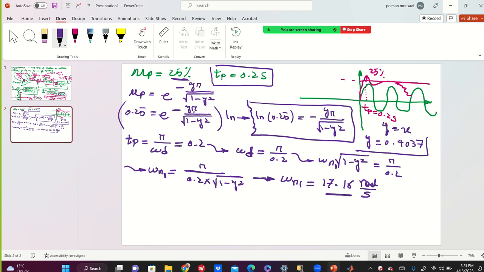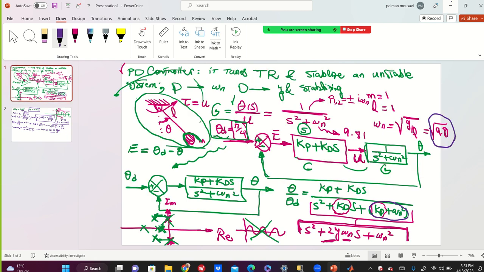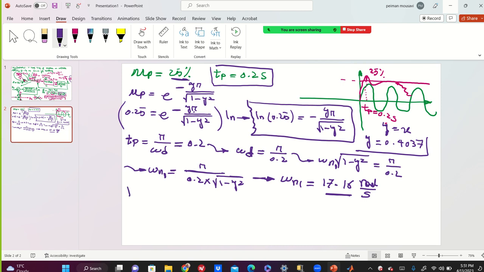So why are we calculating zeta and omega n? Because Kd is 2 zeta omega n. So your derivative gain is 2 zeta omega n, 2 multiplied by 0.407 multiplied by 17.16. Simple like that.